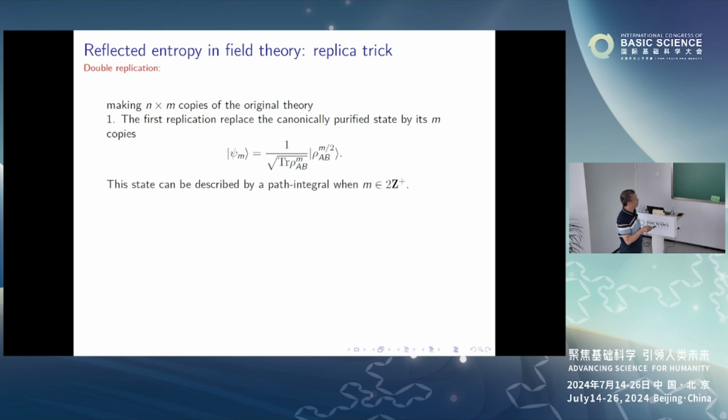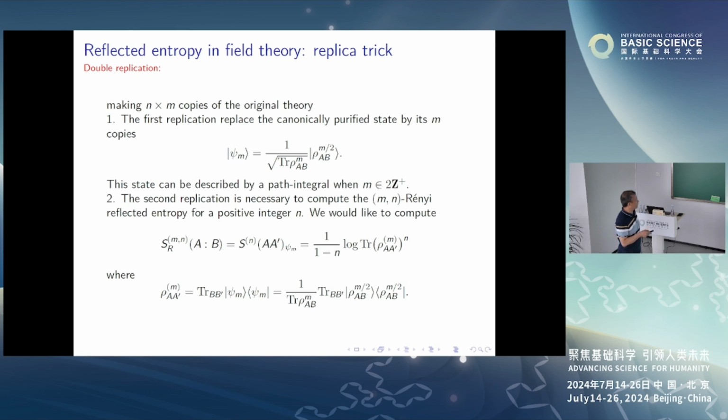It's the square root of rho_AB, the original reduced density matrix. Then we make m copies of it, and this state can be described by a path integral.